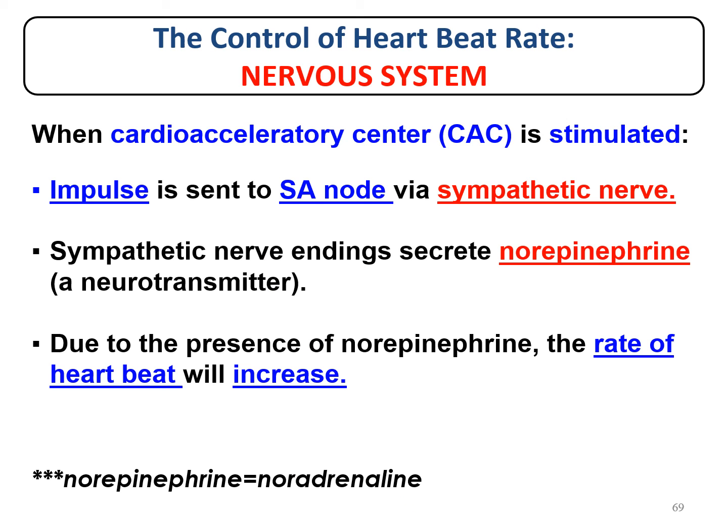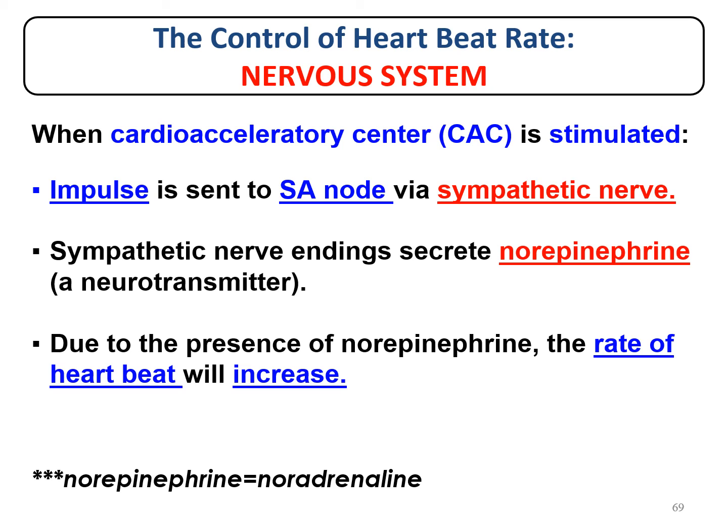When the CAC, the cardio-acceleratory center, is stimulated, for example when our temperature increases, an impulse is sent to the SA node via the sympathetic nerve. The CAC will detect the increase of temperature, then send an impulse to the SA node via the sympathetic nerve.